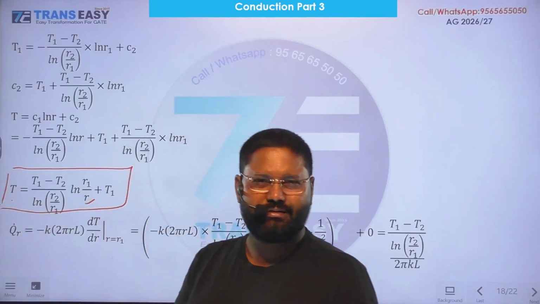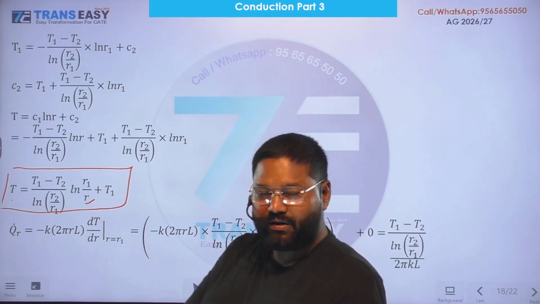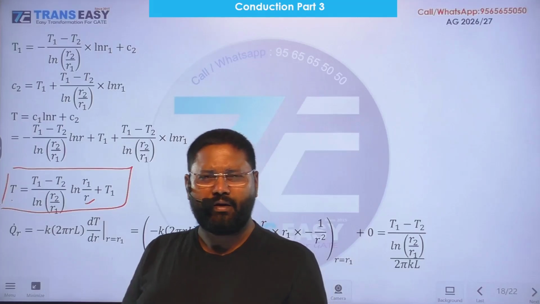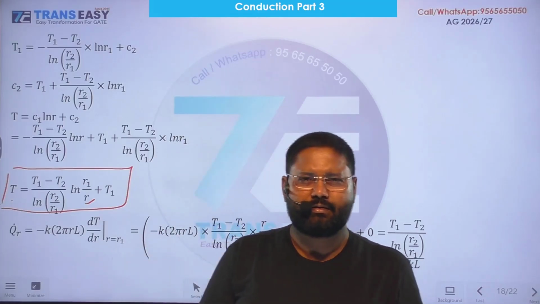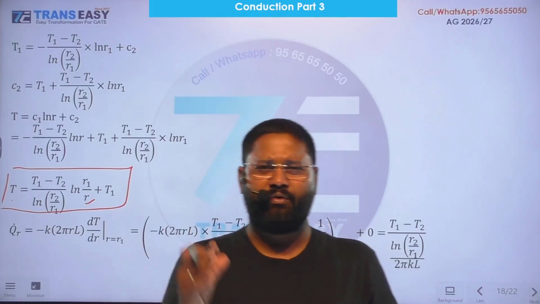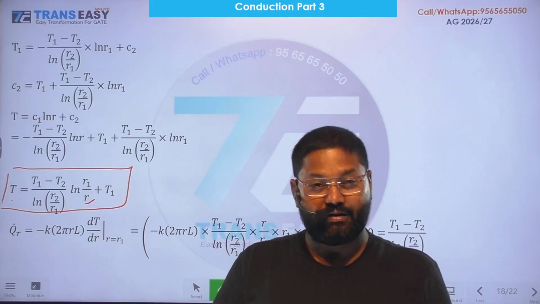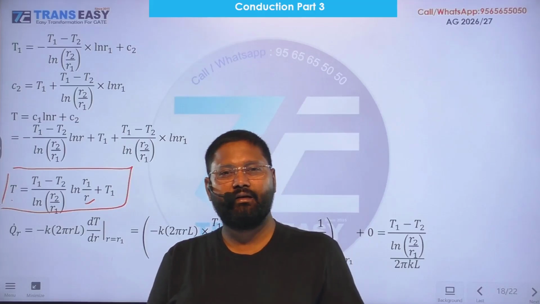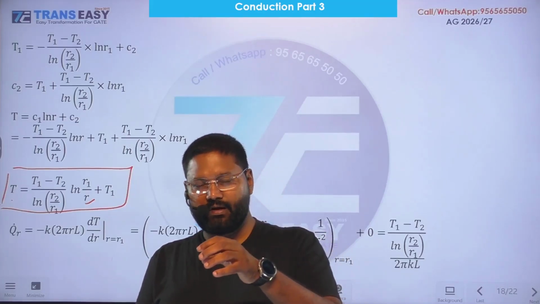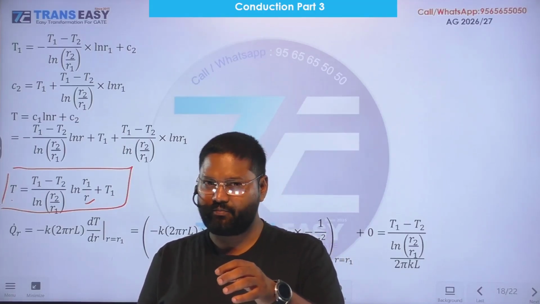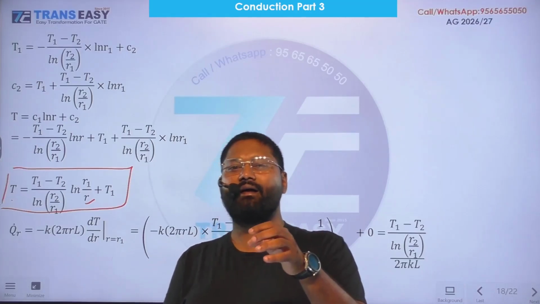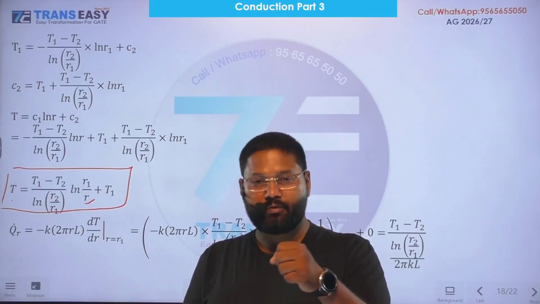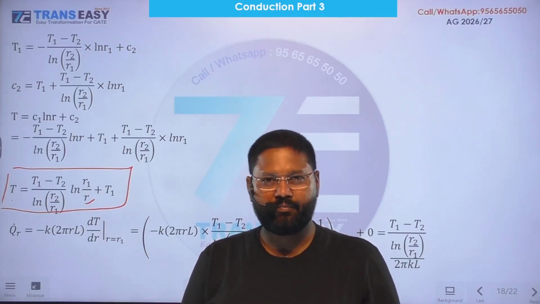No need to remember this. Likewise, temperature variation with x in case of one-dimensional steady-state heat conduction without internal heat generation through a plane wall. In case of a plane wall, we used the equation in the Cartesian coordinate system because Cartesian solves the problem easily.